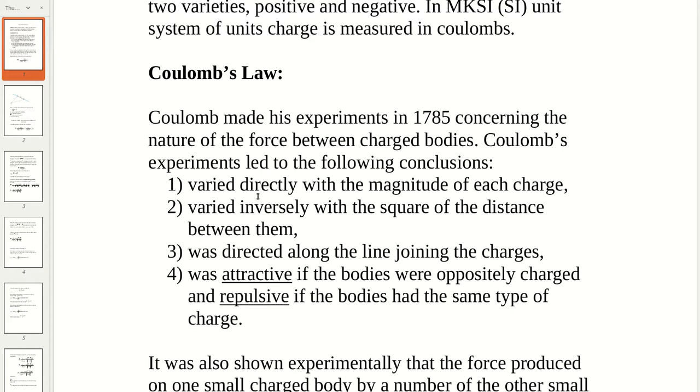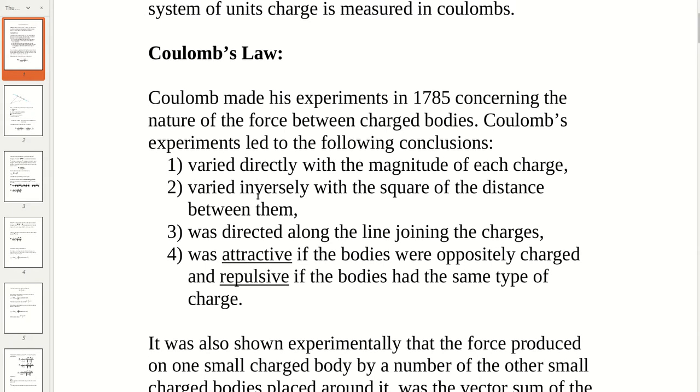So if you put body A and body B at 1 centimeter, it is different than if you put them at 1 meter. And he found that when the distance is very large, the force is very small. It varies inversely with the square of the distance.